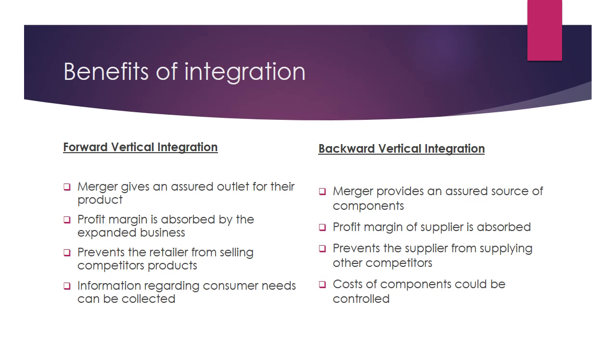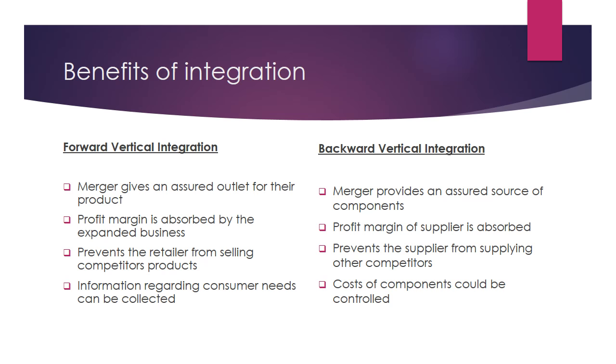But forward vertical integration essentially allows you to have the luxury of an assured outlet. As a manufacturer, if you take over your retailer, you know that there's somewhere where you can sell your products. You could also take over the profit margin. Every stage of production has a cut of profit margin, and you could essentially wipe that out and increase your own.